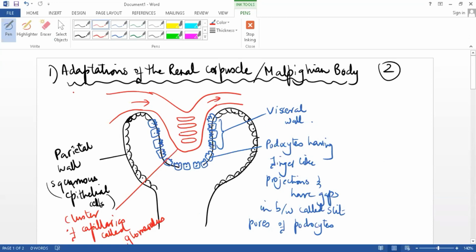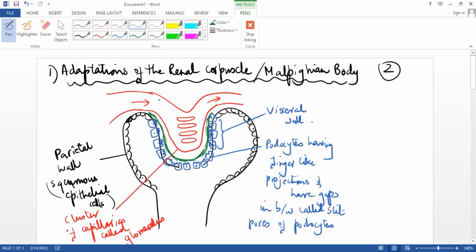And if we further talk about the glomerulus, then there is a basement membrane between the cluster of capillaries and the visceral wall or the wall of the nephron made up of podocytes.